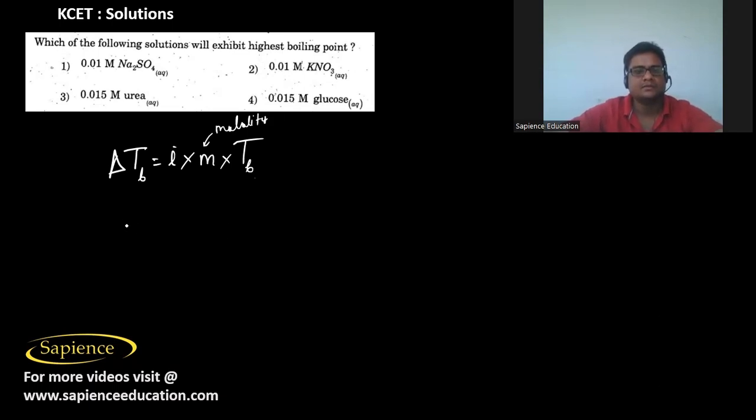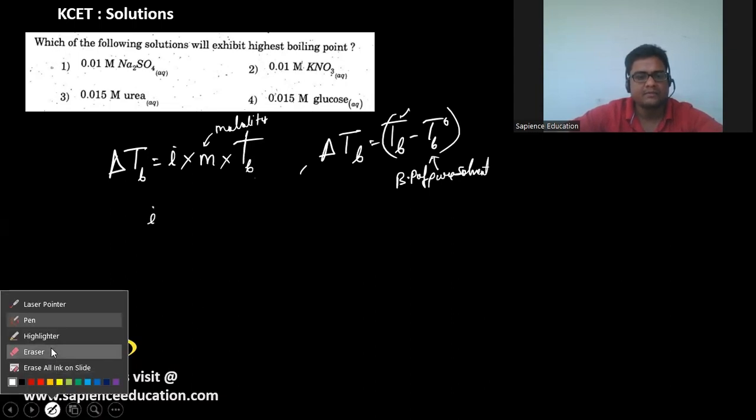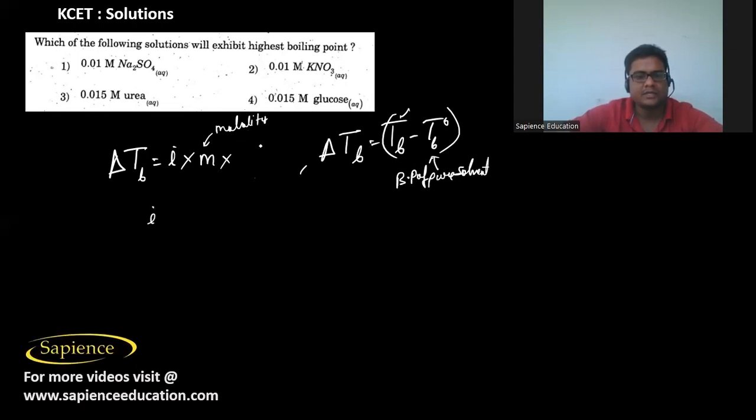Delta TB will be equal to TB minus TB naught, where TB is the boiling point of the solution and TB naught is the boiling point of the pure solvent.